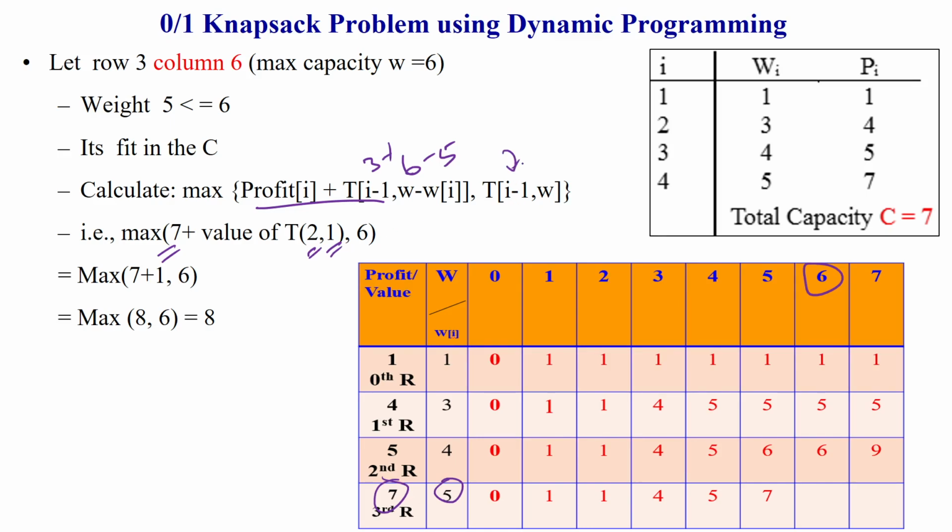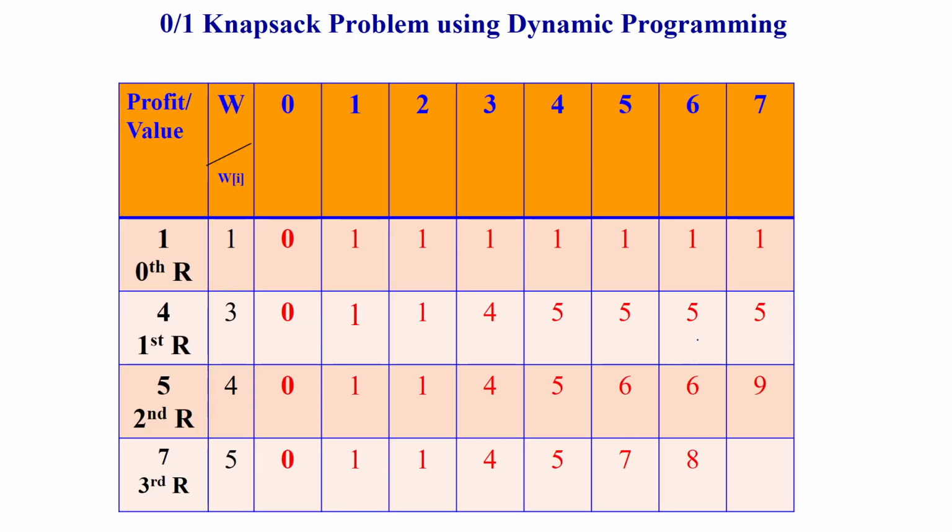Like that, t of i minus 1, that is 2 comma current cell weight 6, 2 comma 6 is here 6. So when you apply 2 comma 1, the value is 1, that's what is written here. So 8 comma 6, you are getting 8, so here maximum value is 8, right?